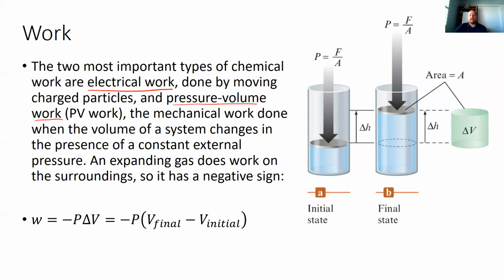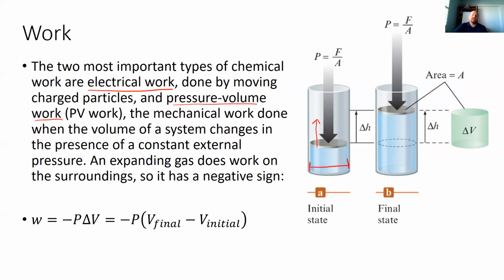So a way to think about this is, if you have a sample of a gas in here, maybe two gases in here, and a reaction occurs such that those gases cause products that take up a larger volume, then the gases on the inside can cause this piston to move up and expand. In that case, the gas is doing work on the surroundings, right? So there will be a positive value for the work based on the change in volume of the system.